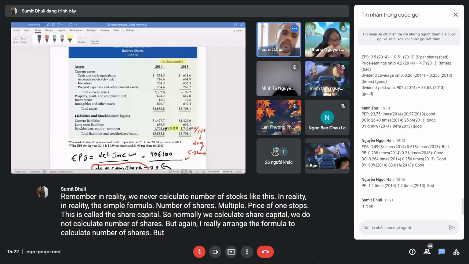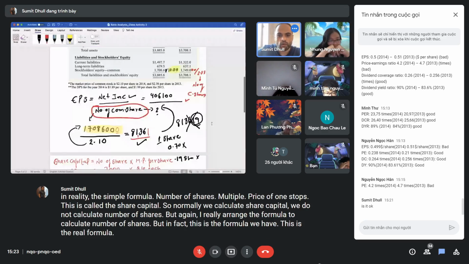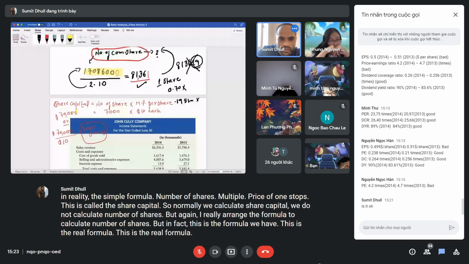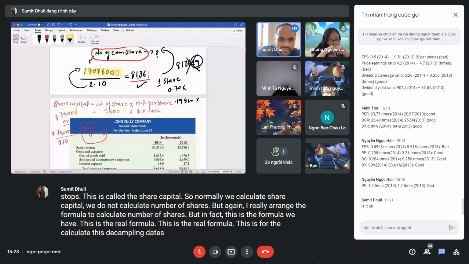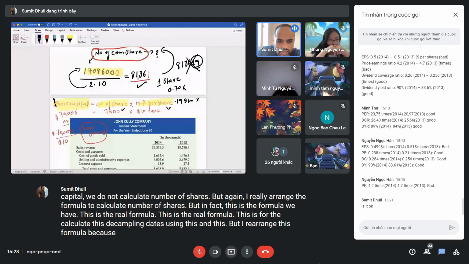In fact, this is the real formula we have. We calculate this using this and this, but I rearranged the formula because we can also rearrange it.